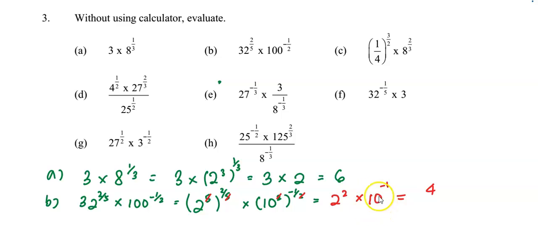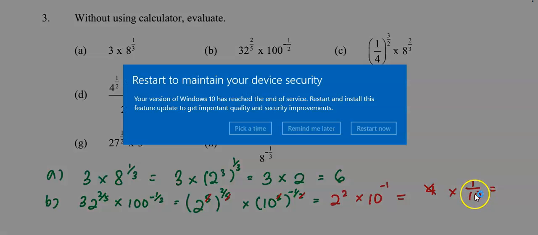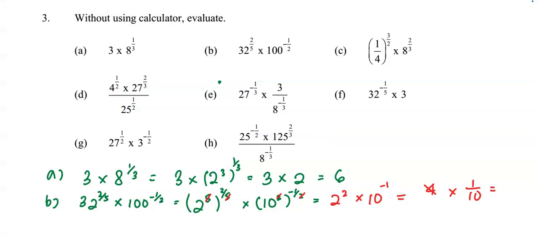And remember that the power of negative means this will be 1 over 10. 4 multiplied by 1 over 10, you can simplify this. 5 multiplied by 2 will be 10, and 2 multiplied by 2 will be 4. So the final answer will be 2 over 5.